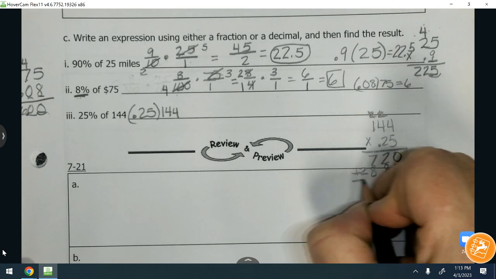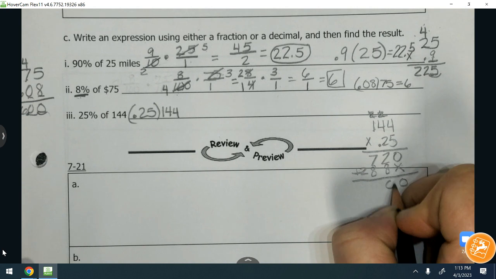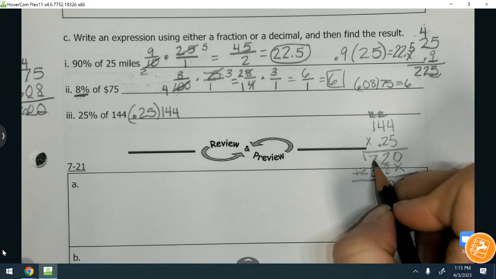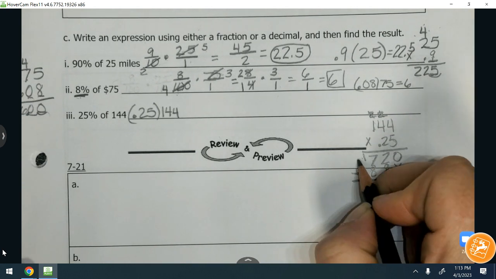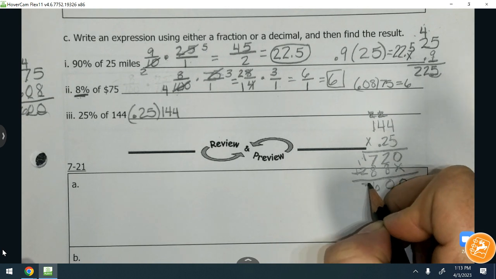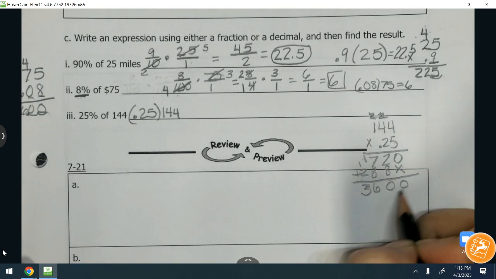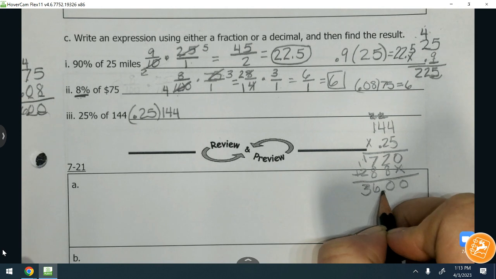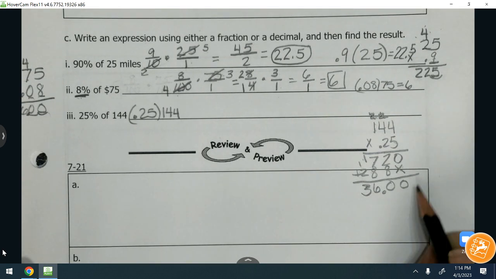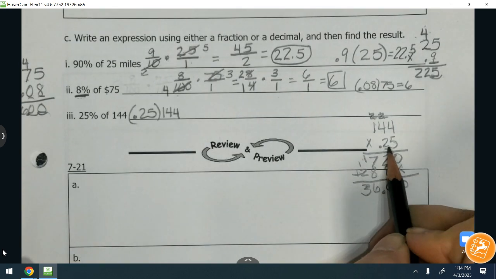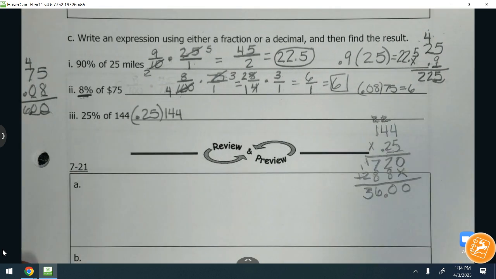I'm going to add these together. I end up with 36. And then I move my decimal 2 spots to the right because I have 1, 2. And so I end up with a total of 36.